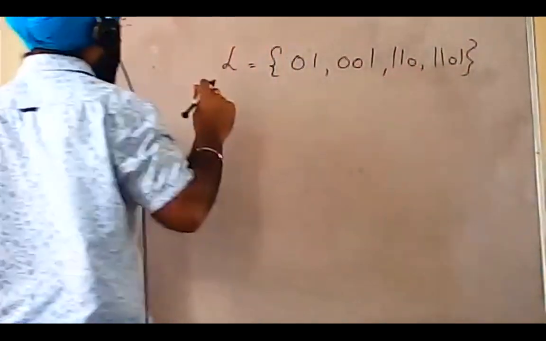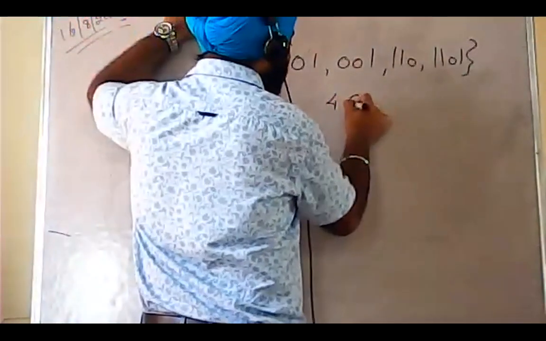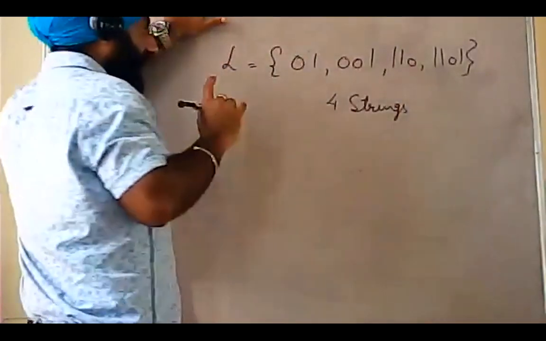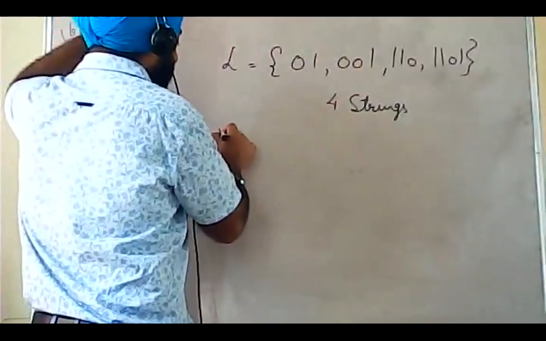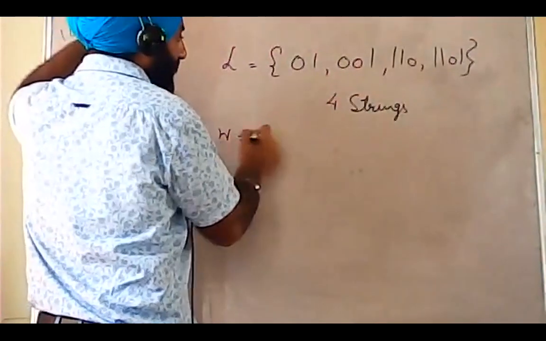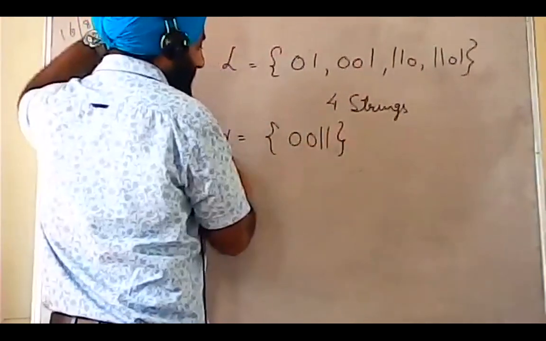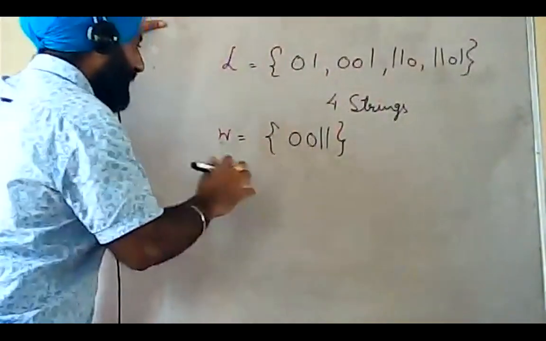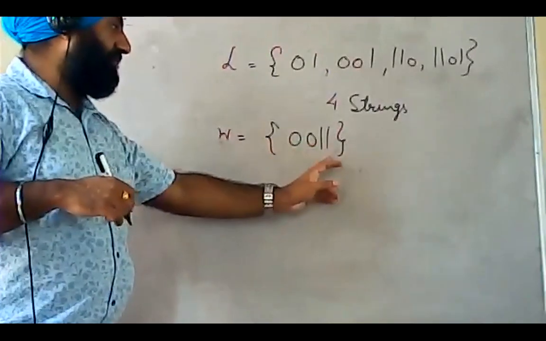Okay, right? So in this language, we have a total of 4 strings, right? Now my question is, you have to decide for W, that is W is equal to 0011, whether this string belongs to L or not.